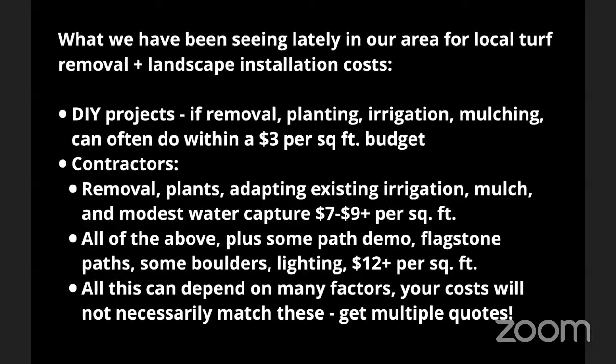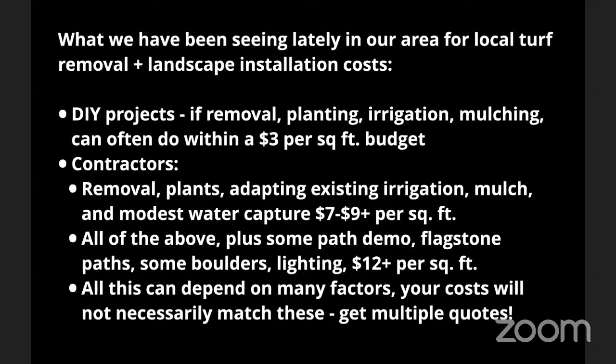You don't need to buy huge, large trees. Even in my front yard, all of my trees I planted were 1 gallon plants. If you're working with contractors, the average project that we work on with people, they're not changing any concrete walkways. They're not necessarily building a new patio or a huge shade structure. Their primary work, especially for a front yard, is doing turf removal, maybe some existing shrubs coming out that are going to be redone, and then putting in plants, adapting an existing irrigation system, either converting it to drip irrigation, maybe altering the spray irrigation to make it better, adding mulch, and then a modest water capture feature to meet the requirements.